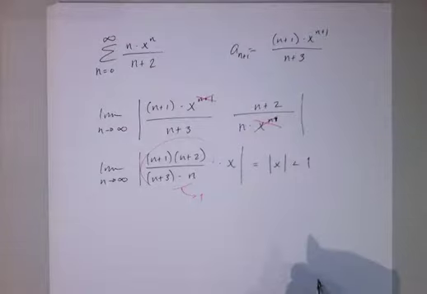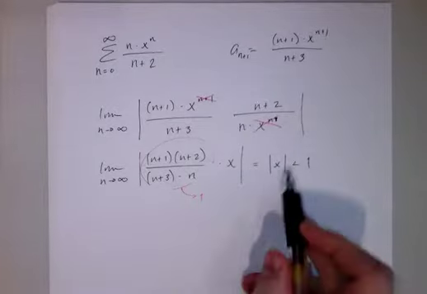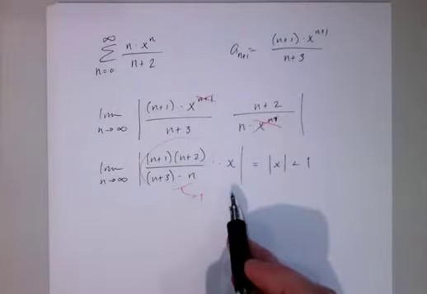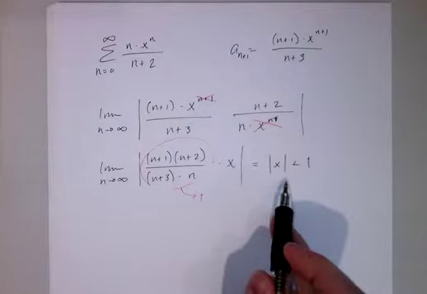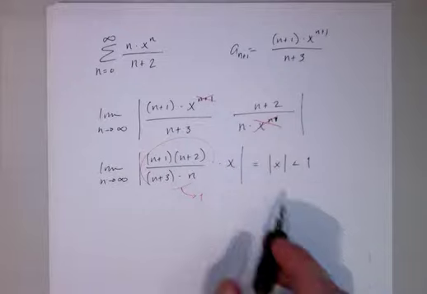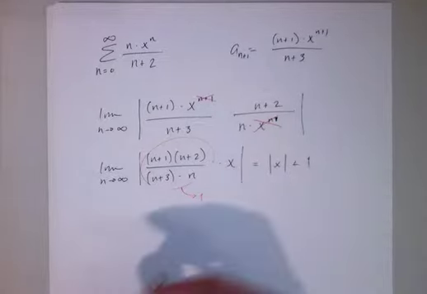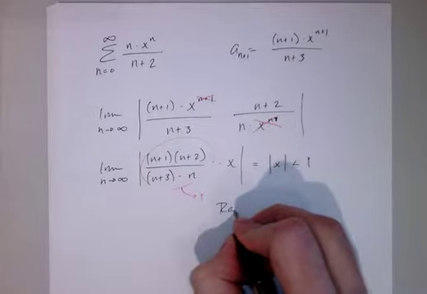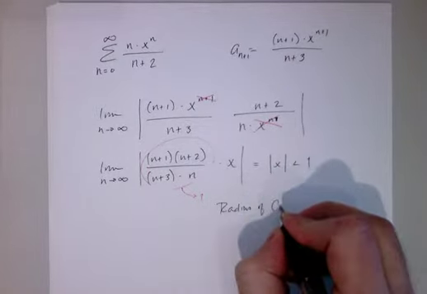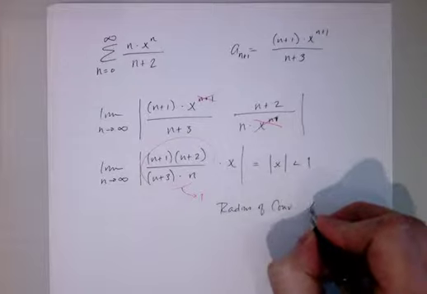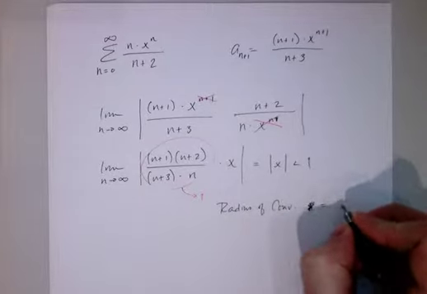And in order to find out where that converges, whatever the expression is that the limit spits out, the absolute value of that has to be less than 1. Now, this doesn't take a genius to figure out that our radius of convergence is 1. Okay? Radius of convergence is equal to 1.